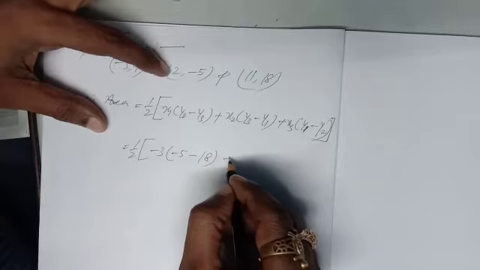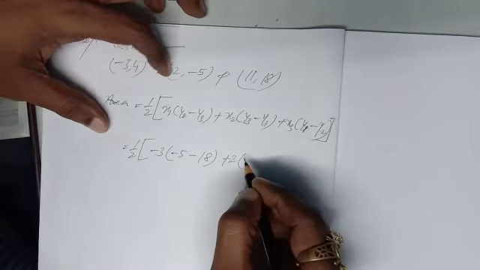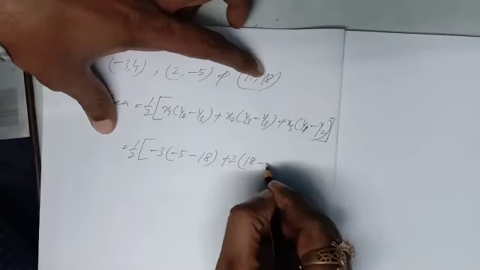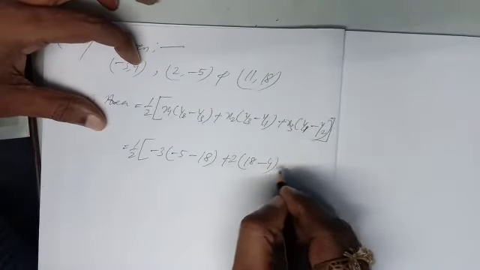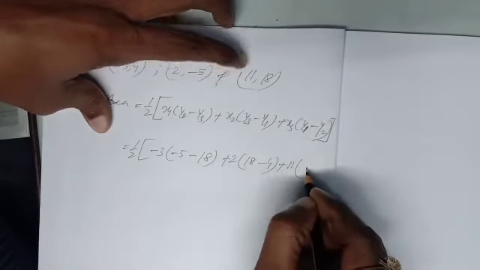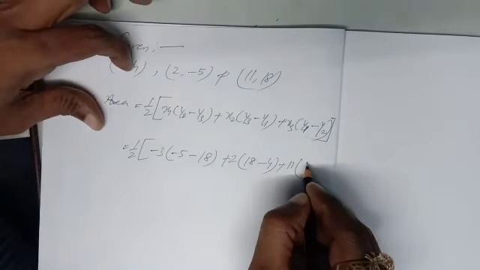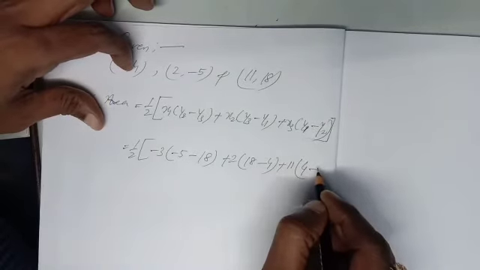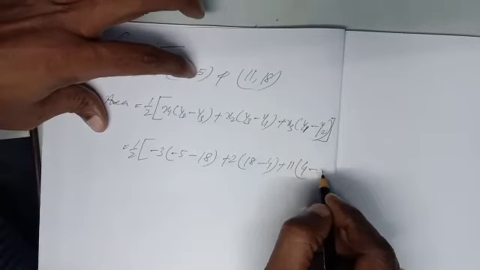Here x2 is 2, times y3, that is 18, minus y1, that is minus 4, plus x3, that is 11, times y1. y1 is 4, y1 minus y2, minus minus 5 means plus 5.